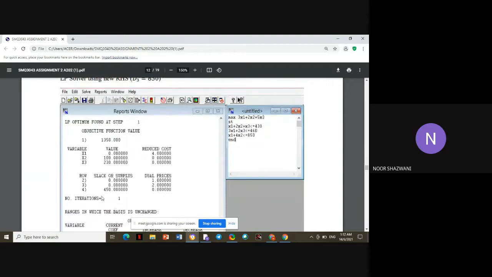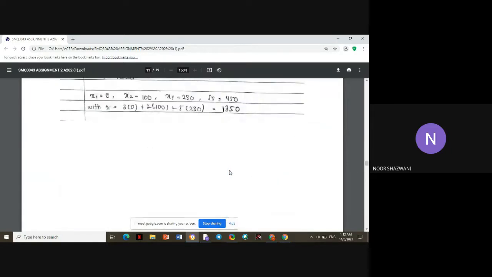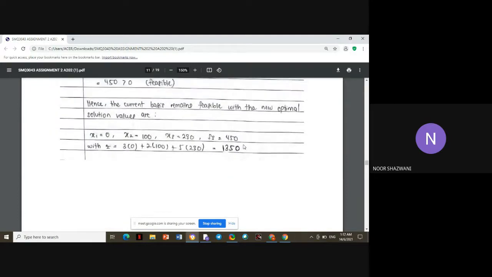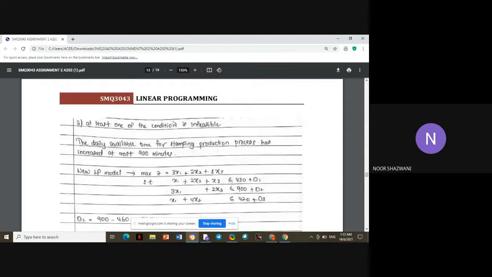For the slack variable S3, I got 450. This one is also the same answer as this one. So from this answer, it proves that the answer is the same as the LP solver. And then we proceed with the next question.